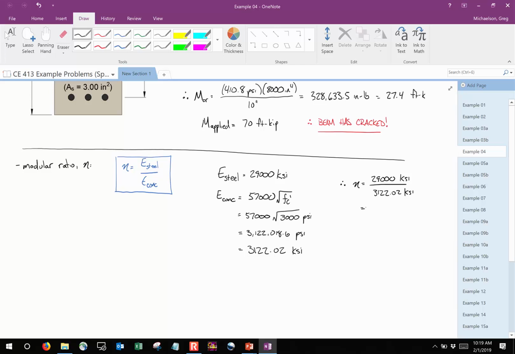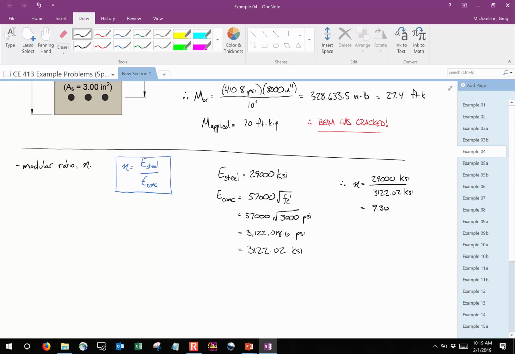Remember, N is always unitless, so you should be taking a PSI over a PSI or a KSI over a KSI. Say it again? 9.3. Do I have a second on that? All right. Typically, when we compute N values and when we utilize N values, we always use the nearest whole number.